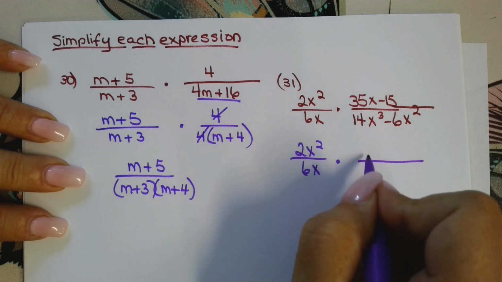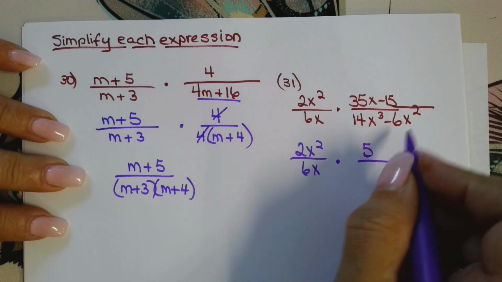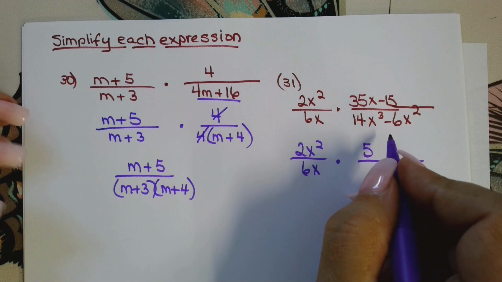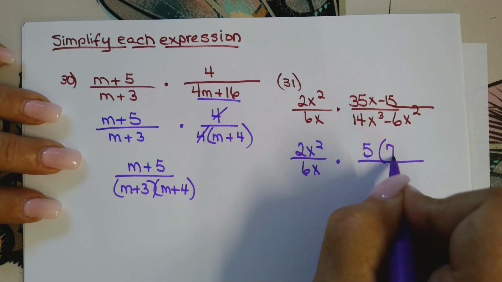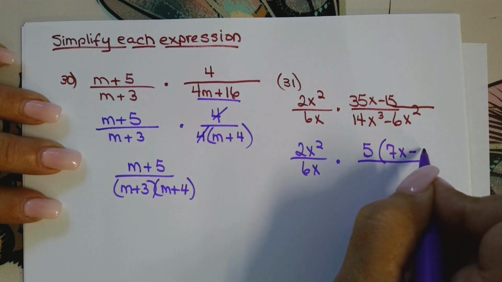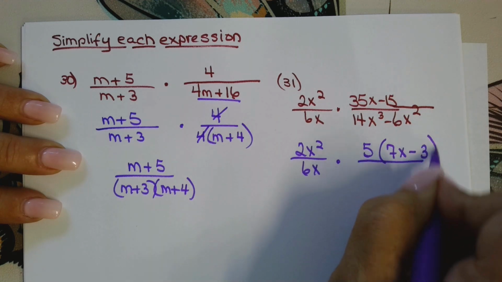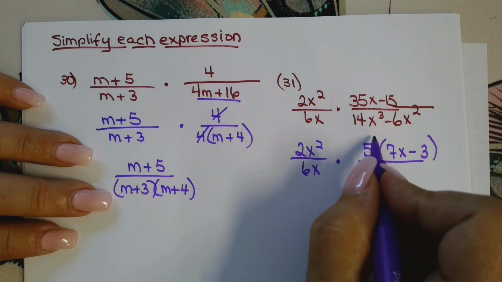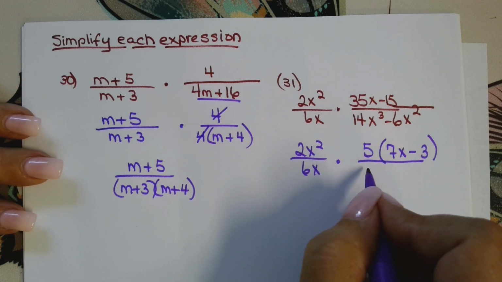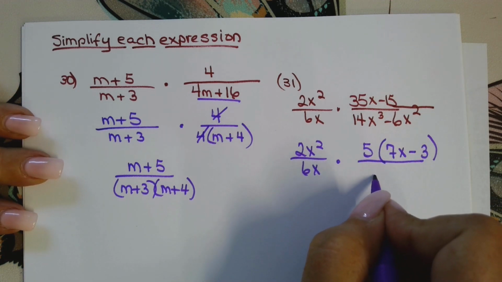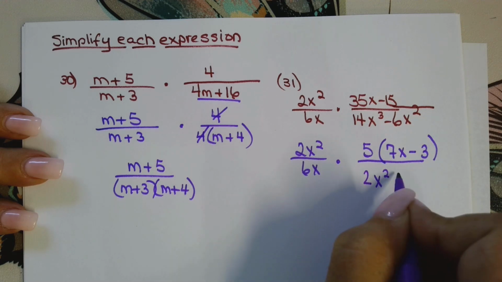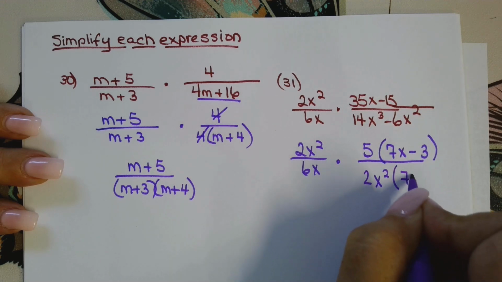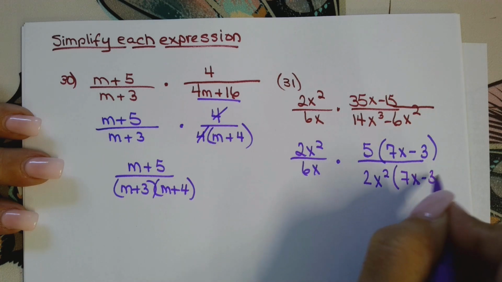Over here, I'm going to pull out a 5, and I'm going to be left with 7x minus 3. And in the denominator, I'm going to pull out an x squared, and I'm going to pull out a 2, and I'll be left with 7x minus 3.